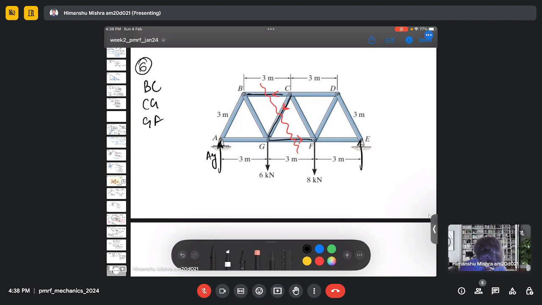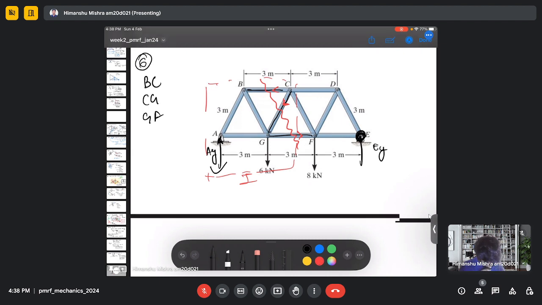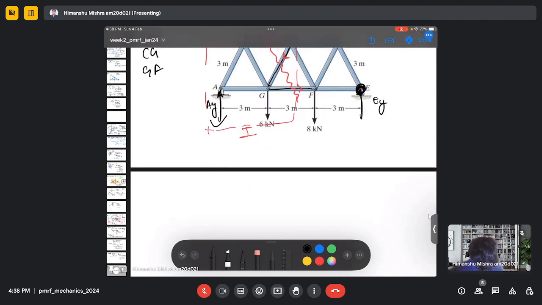And here we need to calculate AY and EY first. So if I take the moment about E, then I can calculate AY, and I can focus only on part 1, which is this part of the section. So counterclockwise moment is positive.